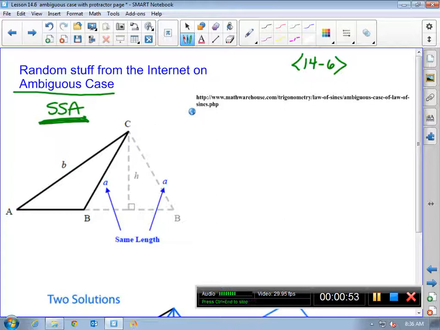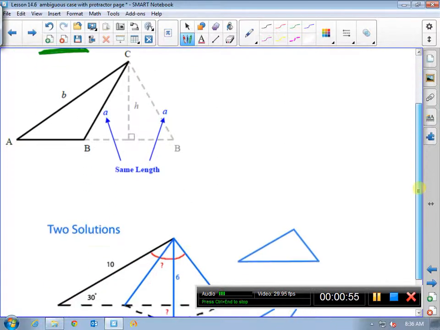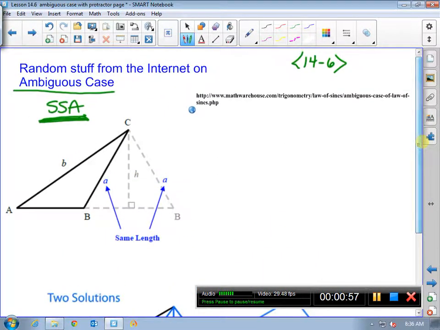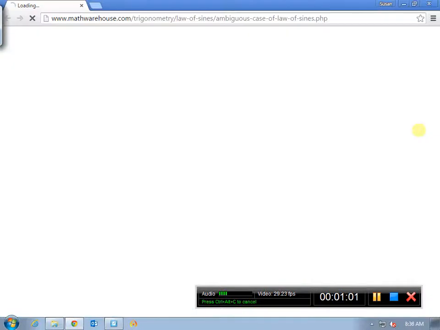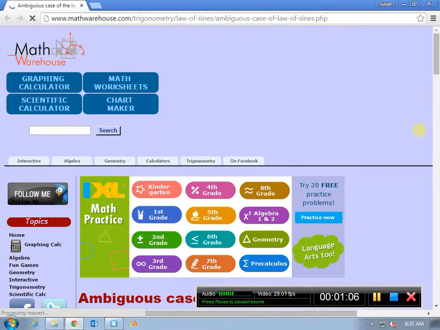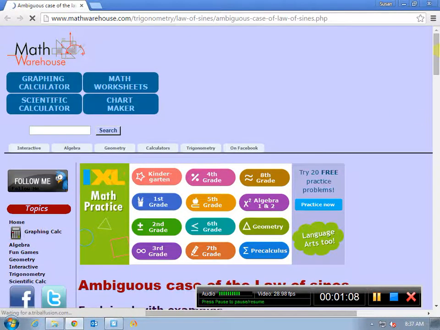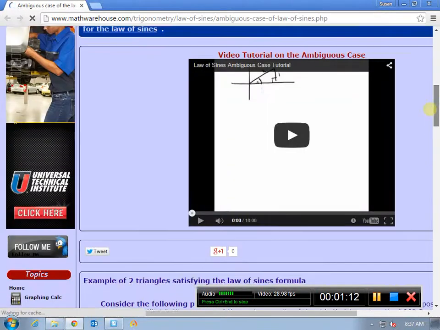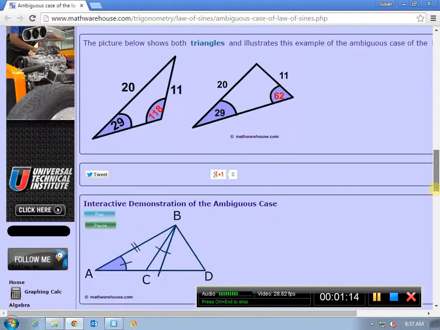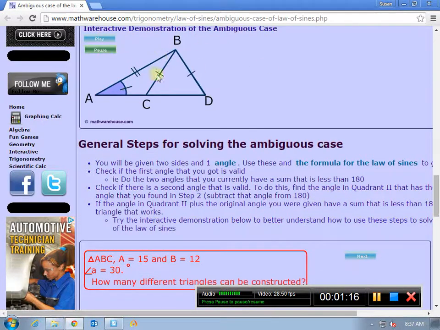Now there's some cool things out there on the internet that show us what's going on. At Math Warehouse, if we scroll down this screen a little bit, you could show a video there. And there's this cute little picture showing the two different triangles.